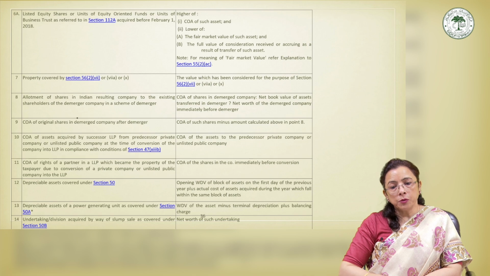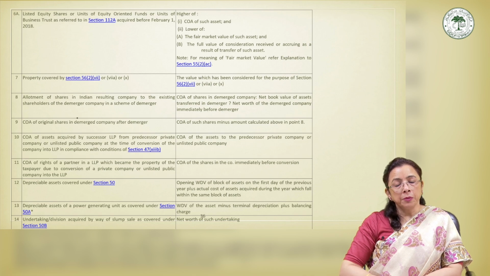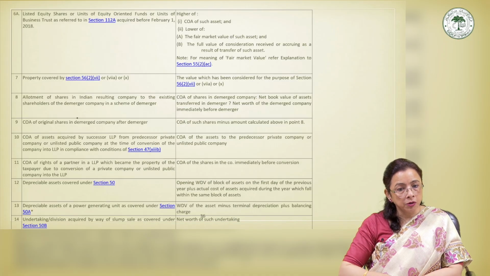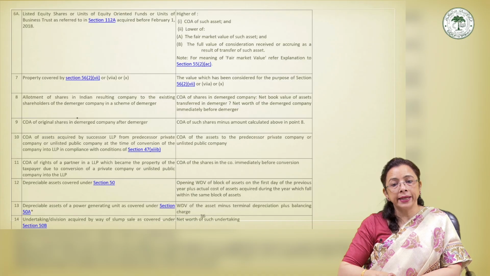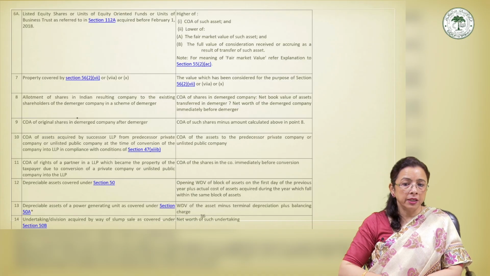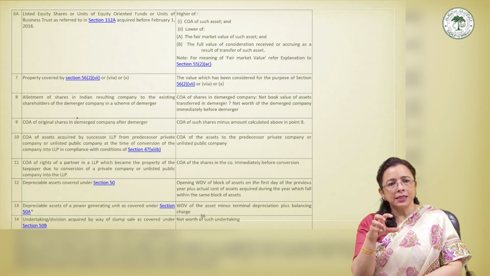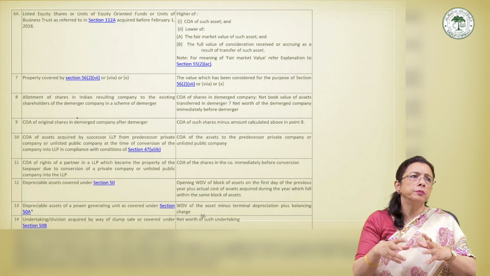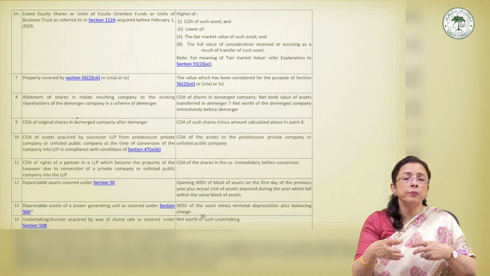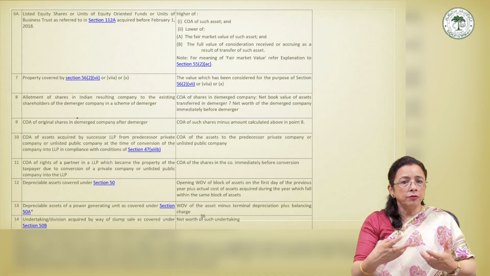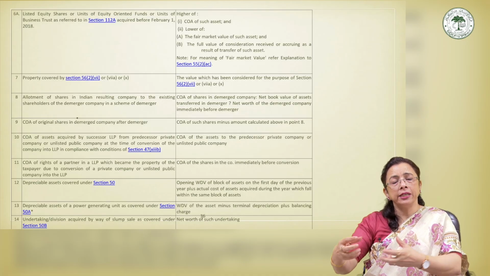The purpose of this provision is to simplify the taxation mechanism, obviously, for business transfers involving an entire undertaking rather than individual assets. Because the assets are small and big in volume, maybe in nature, and it is very difficult for a company at the time of transfer to assess each individually.